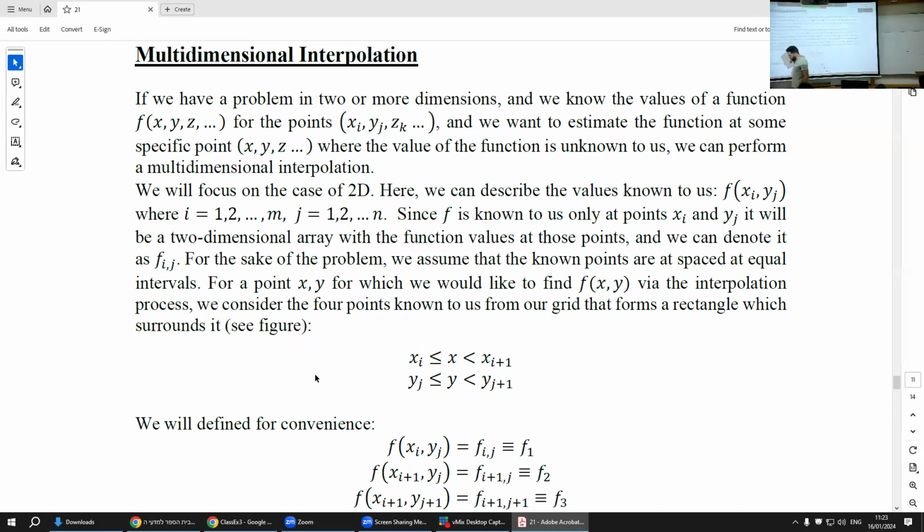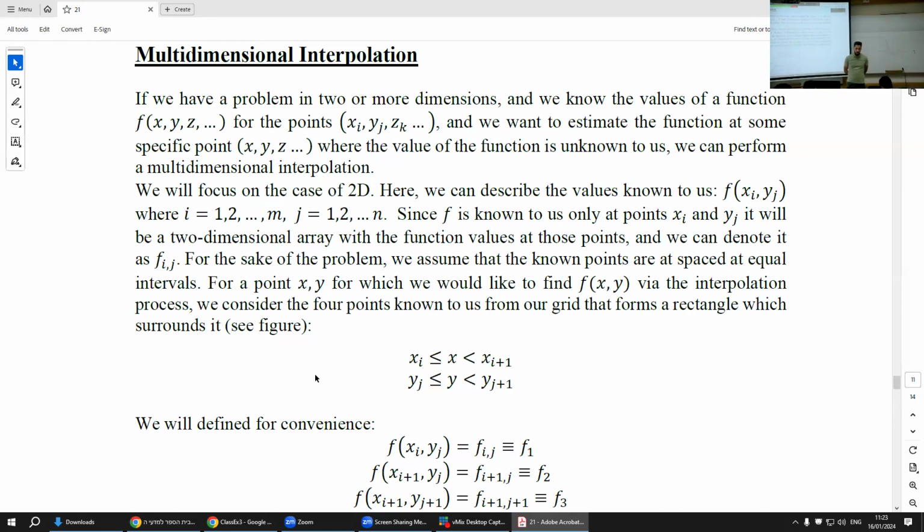Suppose that we have a scalar function that depends on two arguments, x and y, and we have sampling points of this function for x1, x2, x3 up to xn, and y1, y2, y3 up to ym, for example.